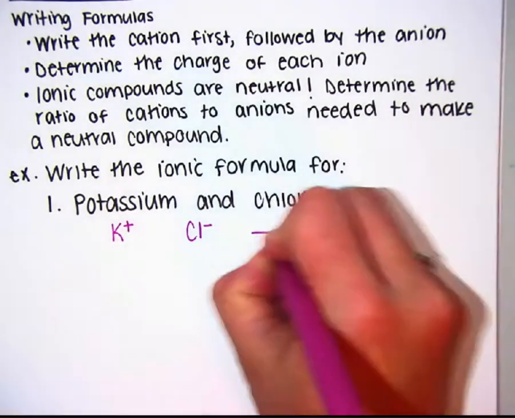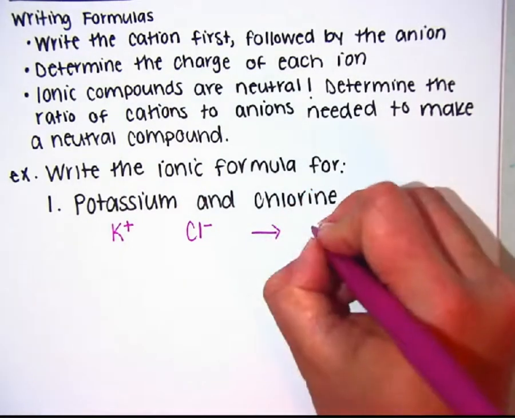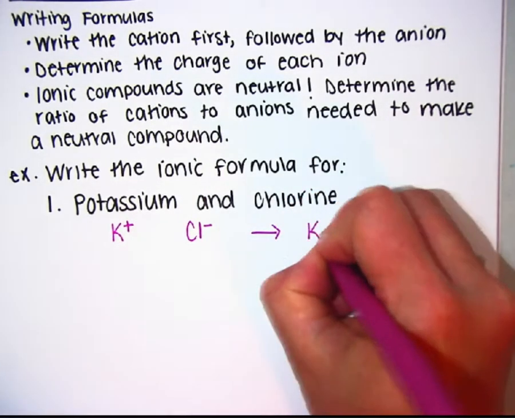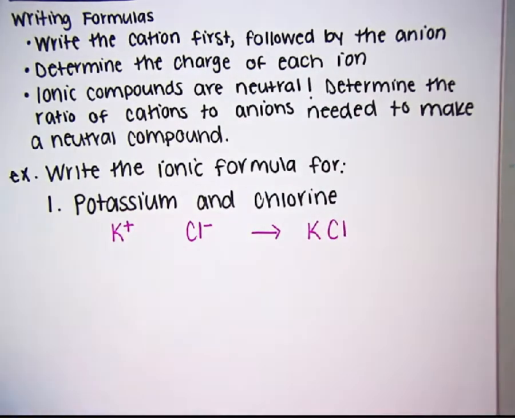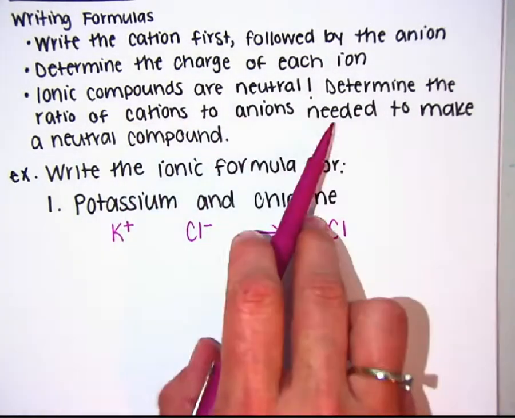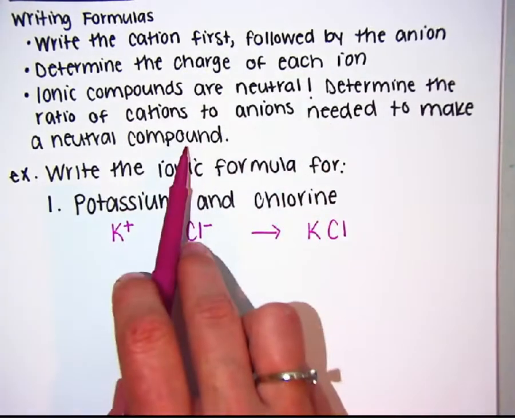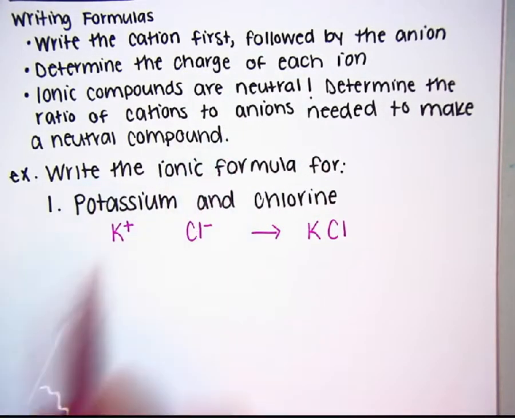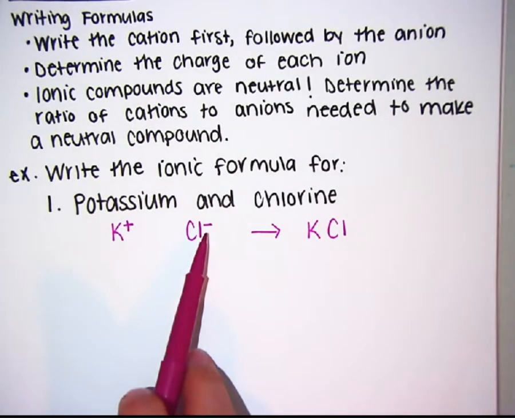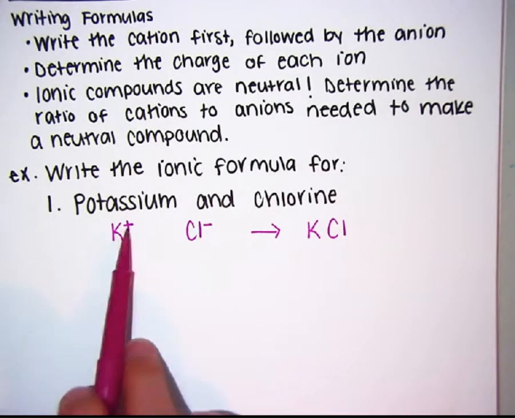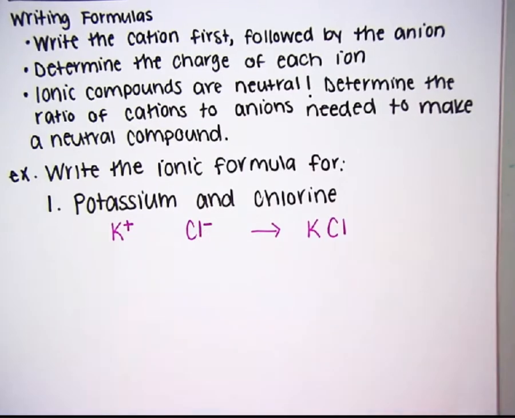When we write our ionic compound, the cation comes first, the anion comes second. Ionic compounds are neutral. Determine the ratio of cations and anions needed to make a neutral compound. Well, potassium is +1 and chlorine is -1. Positive 1, negative 1, that equals 0.